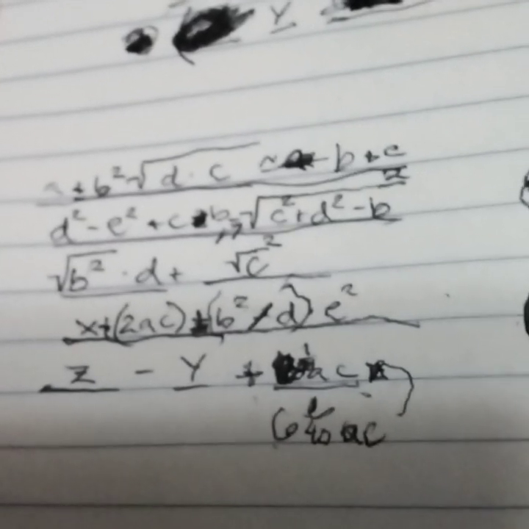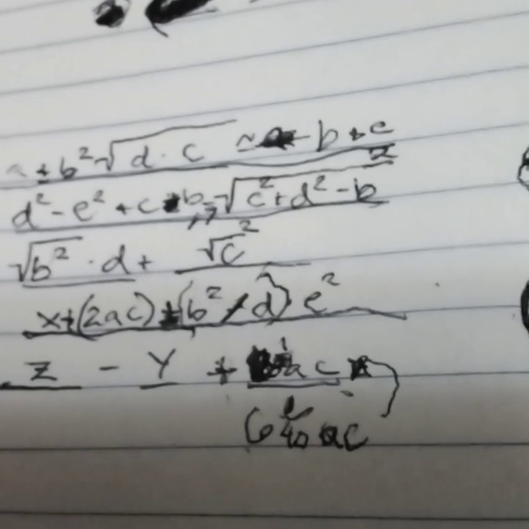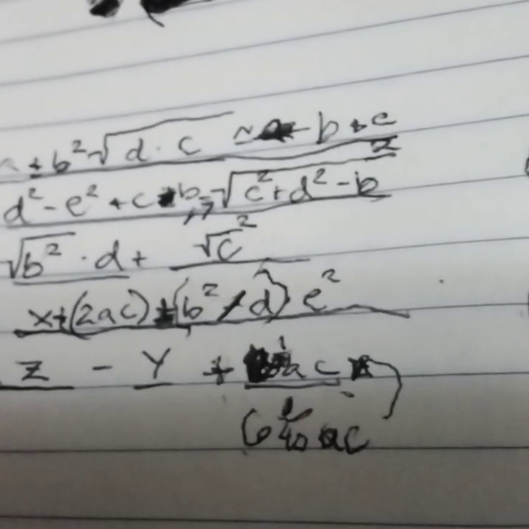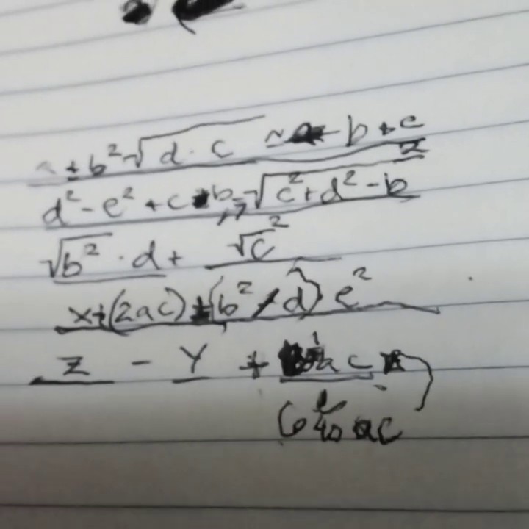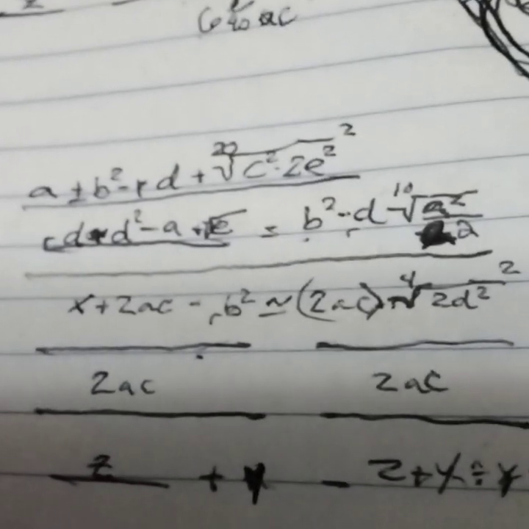This is the second equation. It is 6 and 1/40th AC. Okay, and this is the third equation, which shows some anomalies and some non-anomalies.